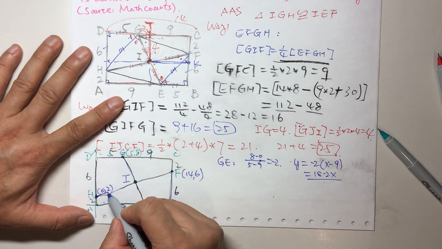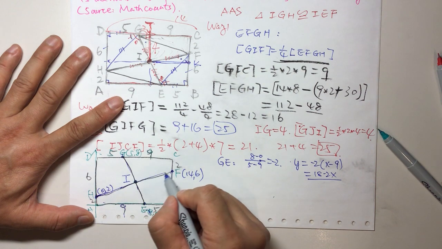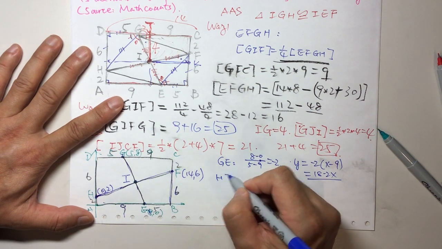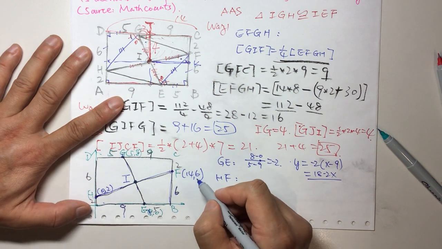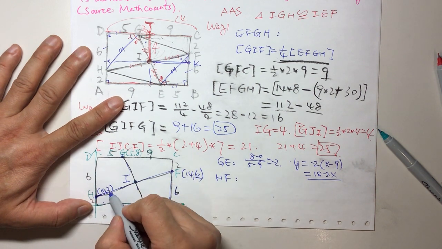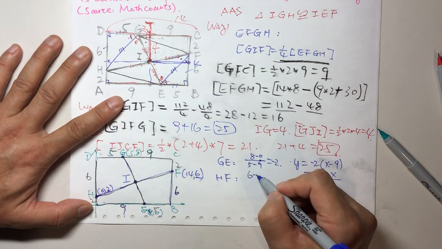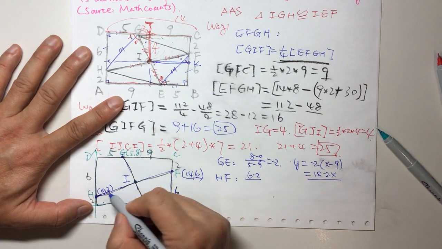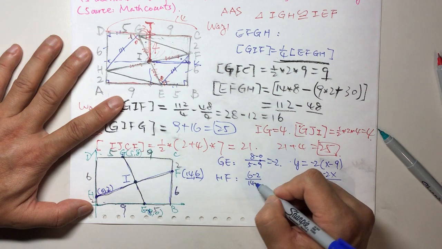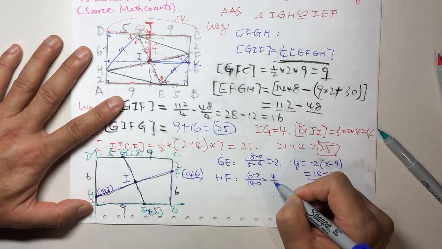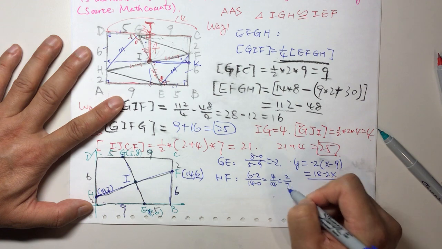And we can also easily write the equation of this HF. So the slope of this one, this y minus this y, 6 minus 2 over 14 minus 0. So that's 4 over 14, so it's 2 over 7.